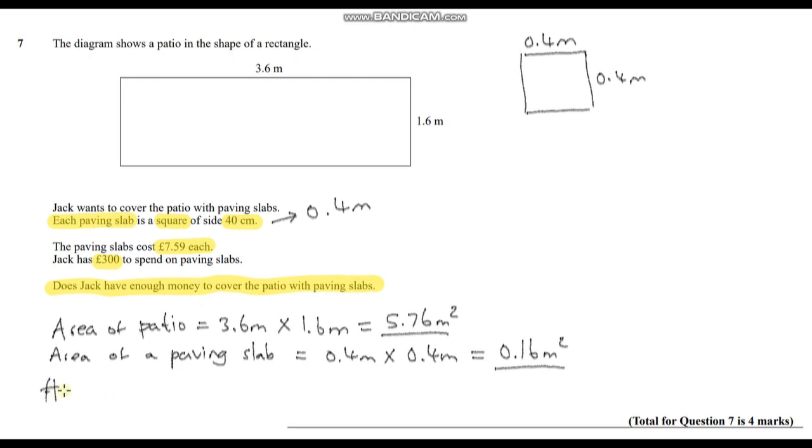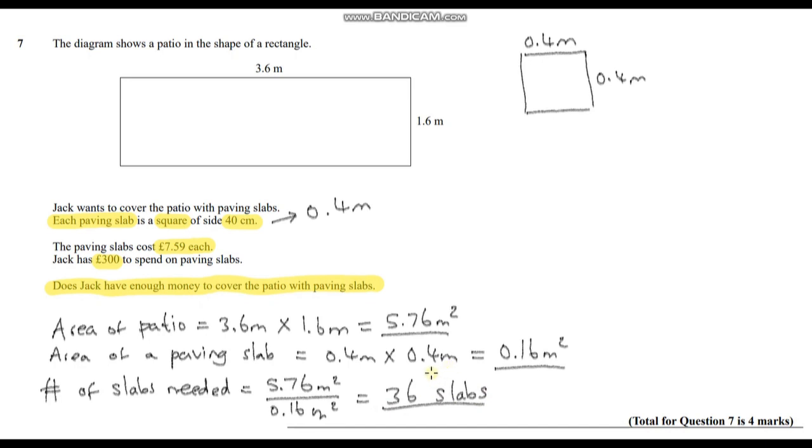So number of slabs needed is going to be 5.76 metres squared divided by 0.16 metres squared. Divide by 0.16 and we get exactly 36, which is nice. So we need 36 slabs. That's the total number of slabs we need.